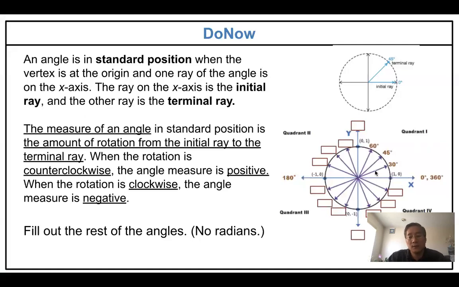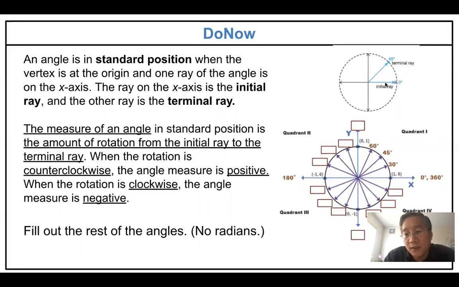We call the other ray the terminal ray. So the initial ray and terminal ray form an angle like this, right? You see the initial ray here, and the angle starts from here. Then this is a 0 degree initial ray.